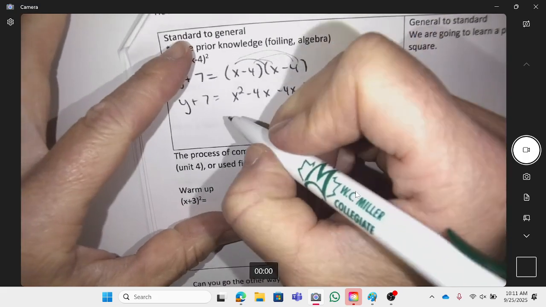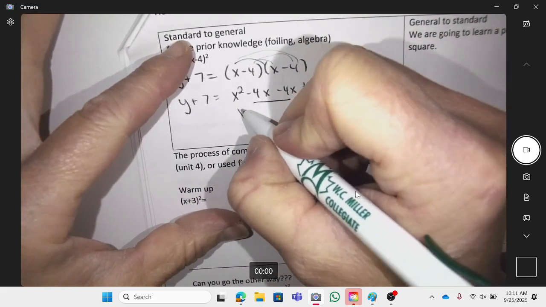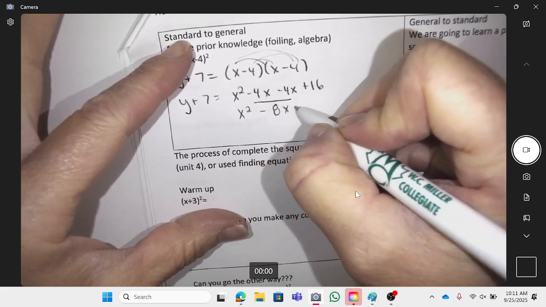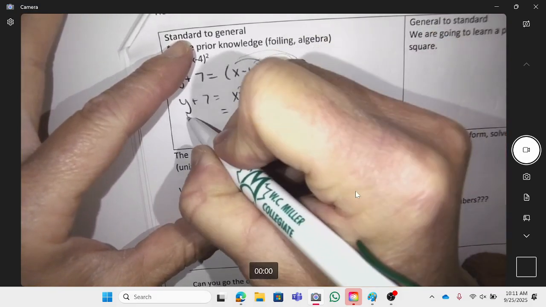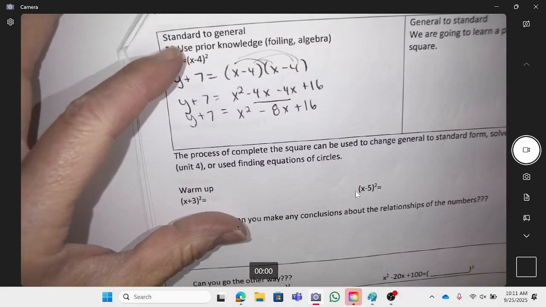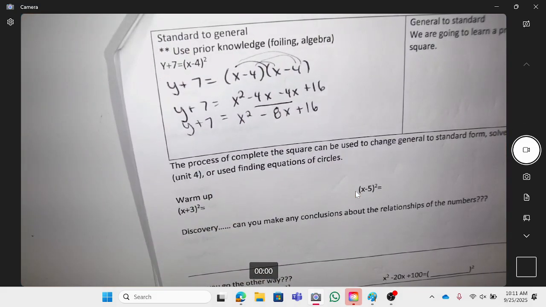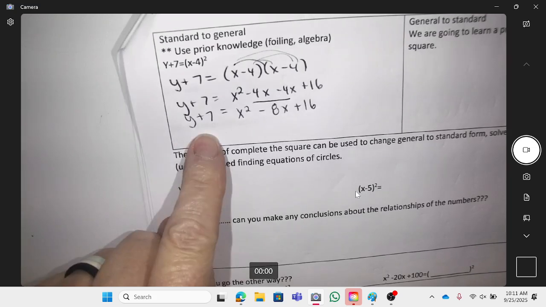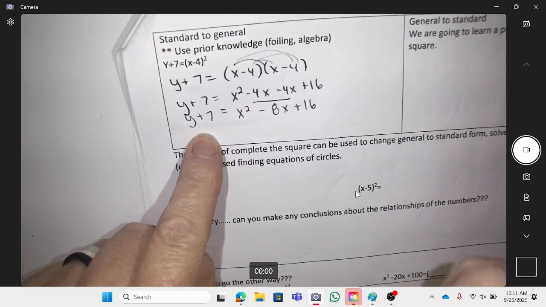Okay, I am going to collect those together. And now one more thing. What do you have to do?